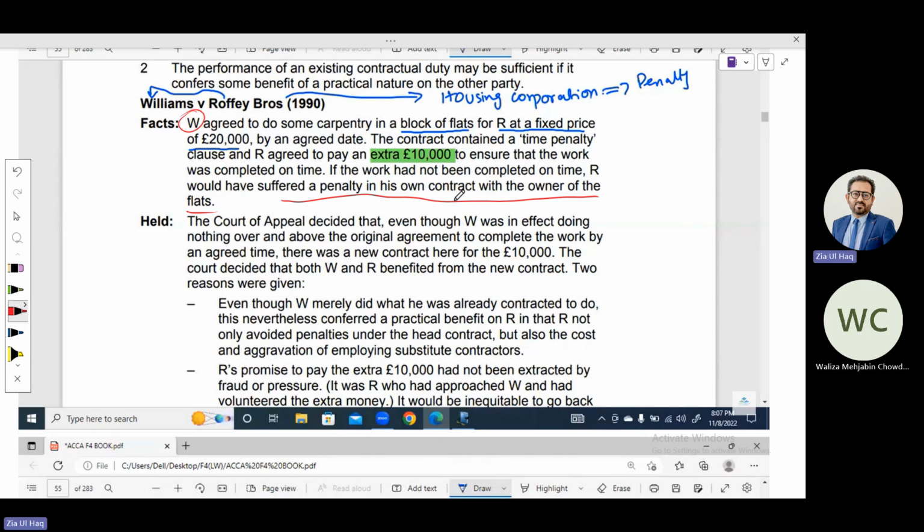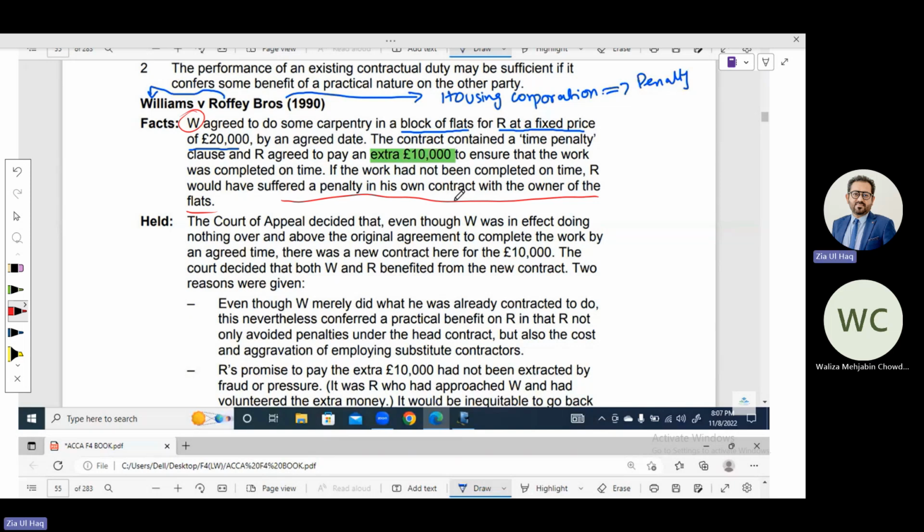So as the workers completed the work on time, they asked for 10,000 extra, but were denied because it was their contractual duty to complete the work within time. But as R got some benefit due to their normal contractual duty, what kind of benefit?